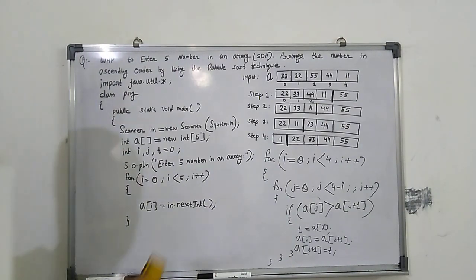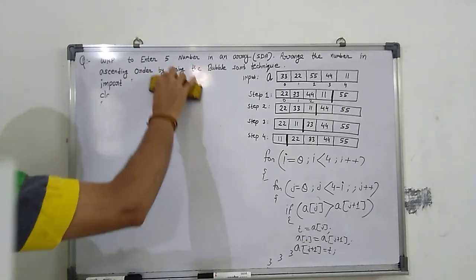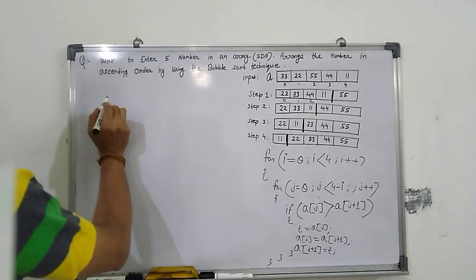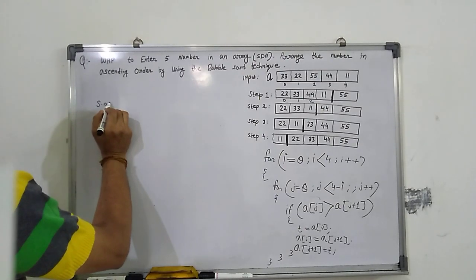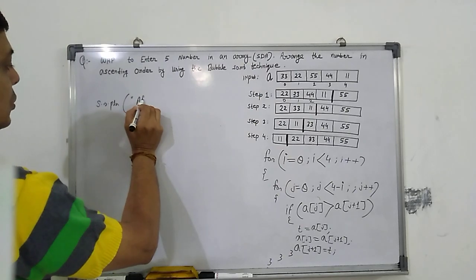After sorting you should print the array values. How to print? System.out.println, after sorting.